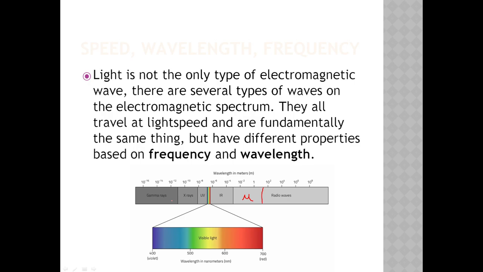It's just different flavors based on what that frequency is. In terms of light, frequency determines color. And we'll talk more about the relationship between speed, wavelength, and frequency and the different forms of electromagnetic radiation later.